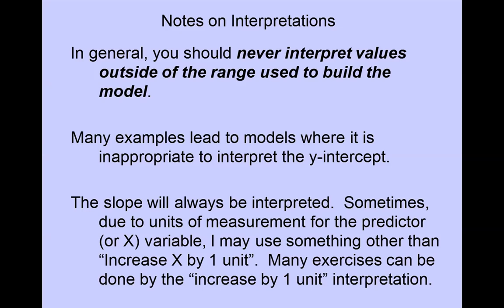In that case, we're again not increasing by 1 unit, we're increasing by 120 or 150 pounds. How does that affect the miles per gallon? But the slope will always be interpreted. So keep in mind, this is how you interpret the y-intercept and slope from the line of best fit.